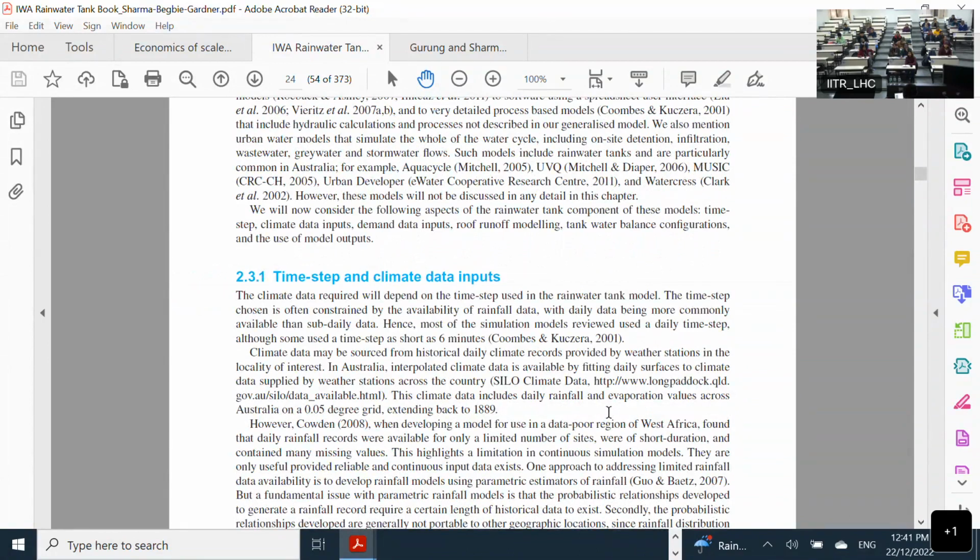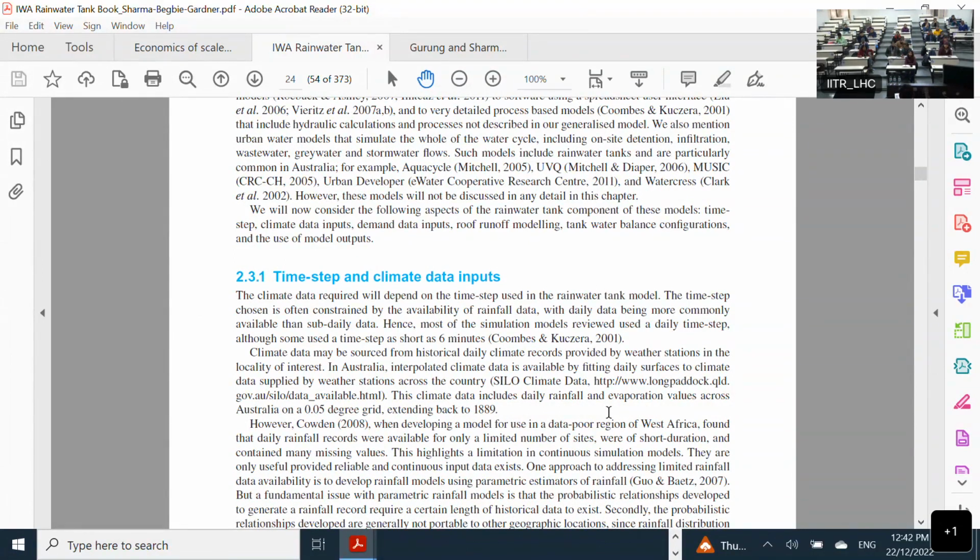Another important aspect in rainwater tank modeling is the impact of the time step in your estimations. You can do it on a monthly basis, you can do it on a yearly basis, as we saw yesterday in Professor Yadav's discussion and presentation. It was done on a yearly basis. You can also do the same analysis using monthly data, or daily data.